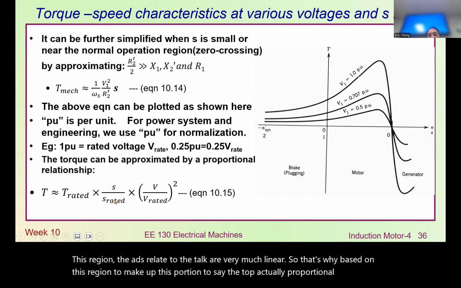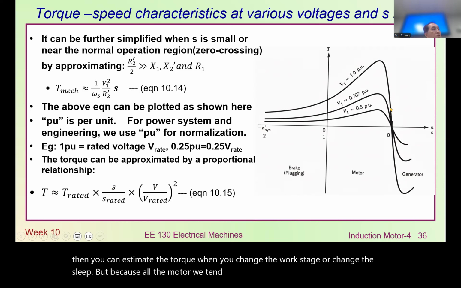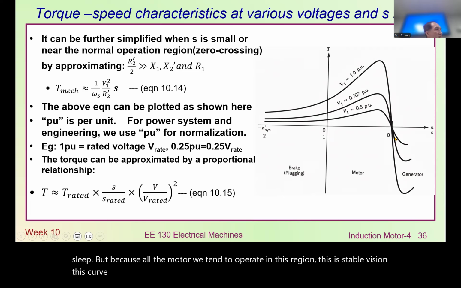That's how we get this correlation. So this gives you a really simple method to estimate the motor torque. Once you get the weighted torque for the motor, which is the maximum torque value here, then you can estimate the torque when you change the voltage or change the slip. Because all the motors we tend to operate in this region, that's the stable region, these curves are really much linear.